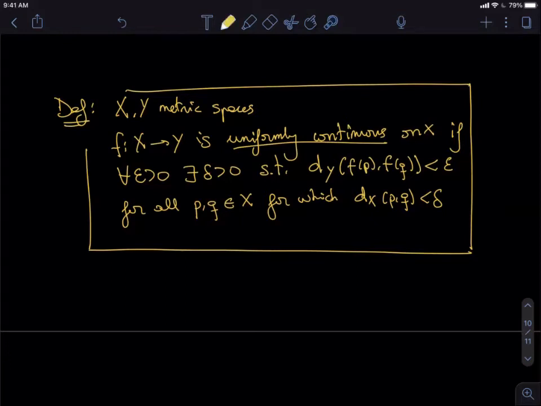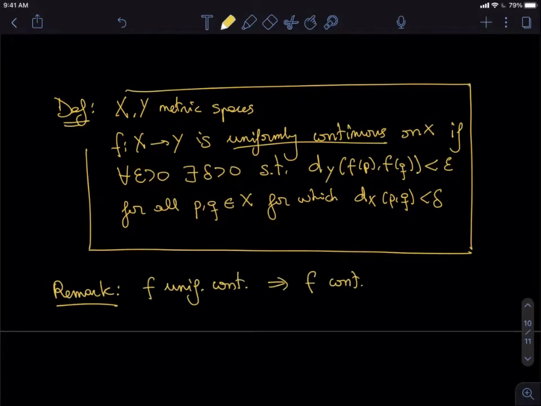And an easy remark is that if F is uniformly continuous, then F is continuous. So being uniformly continuous is more restrictive. It's a better property than just continuity.